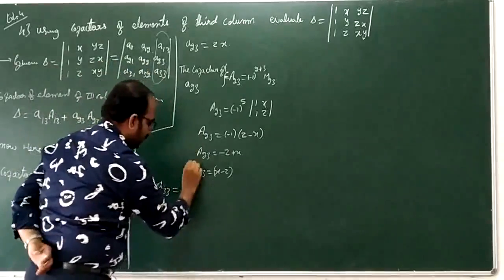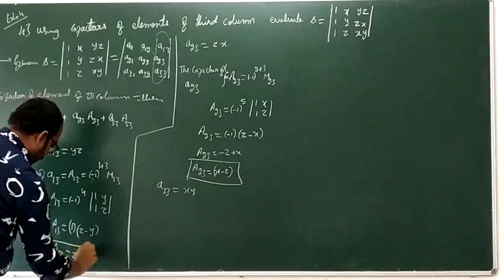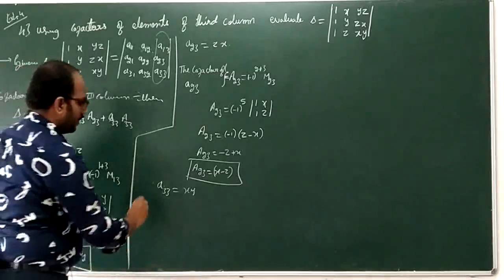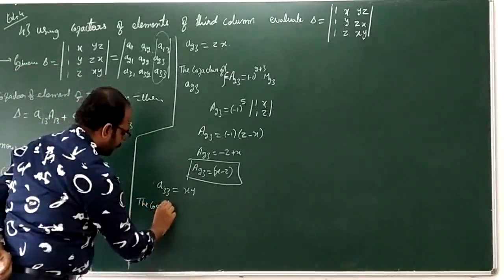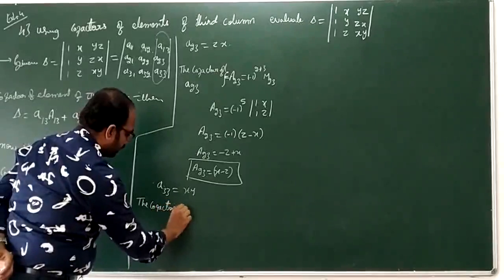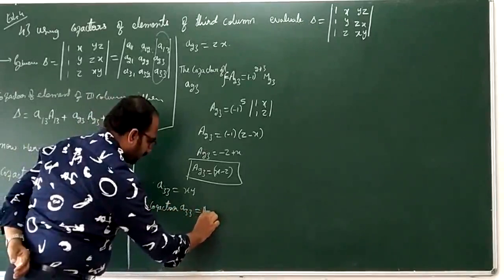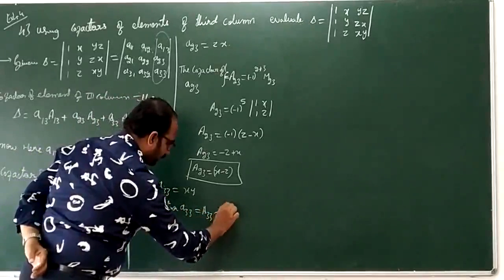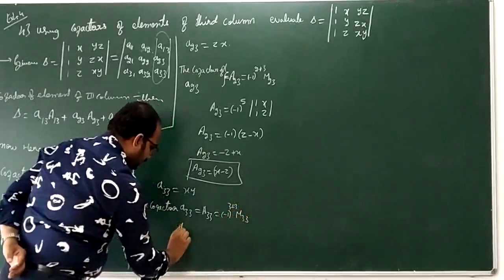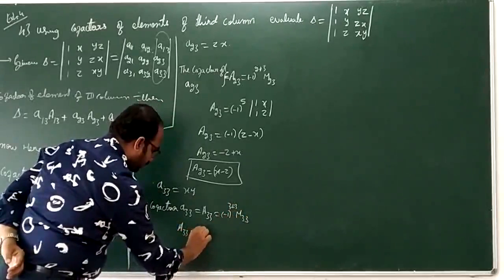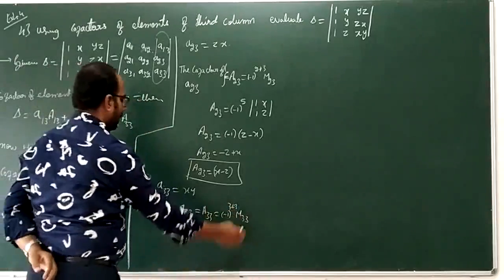The cofactor of a33 is minus 1 to the power of 3 plus 3, which is 6, into minor of 3 3.